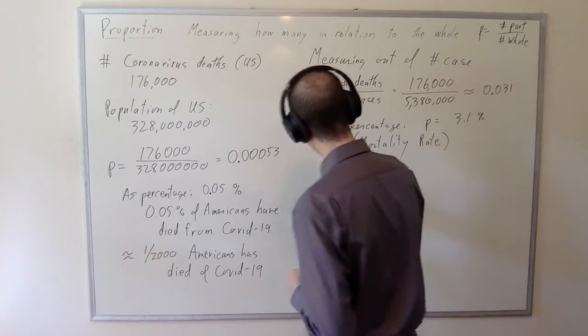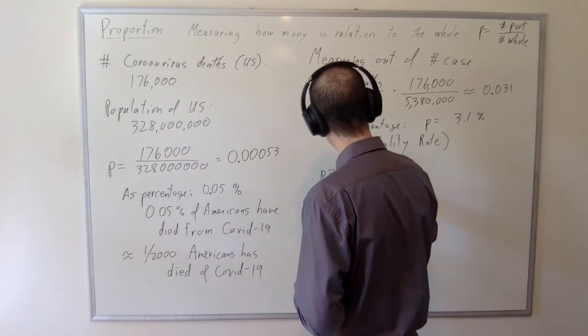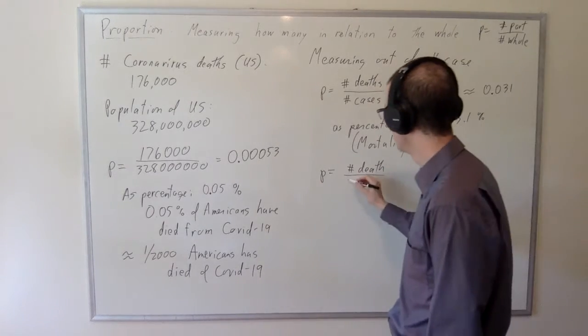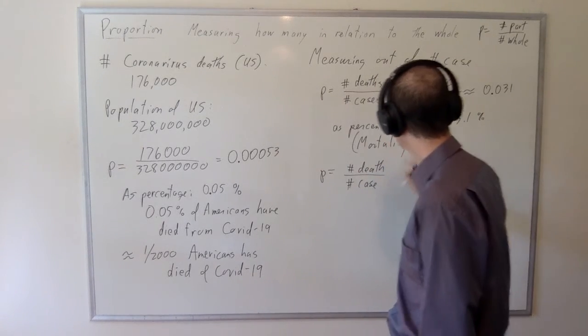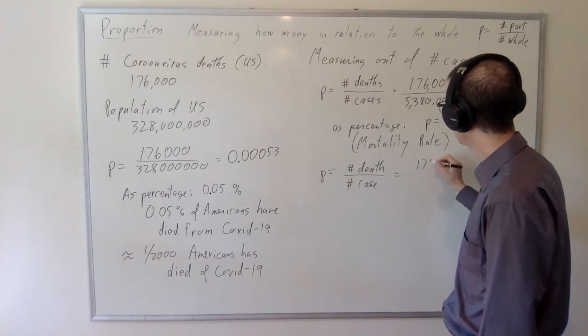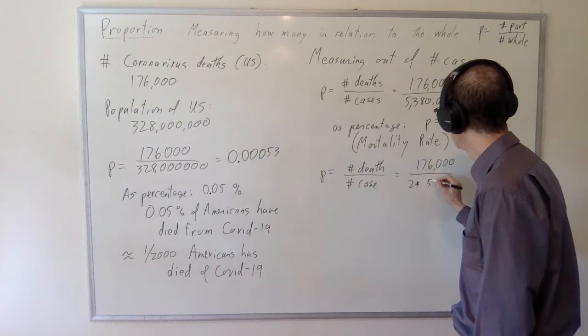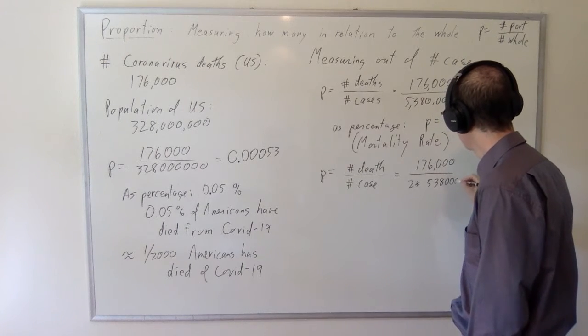One published study recently estimated that about half of all cases are confirmed. In other words, we should double this number, 2 times 5.38 million.